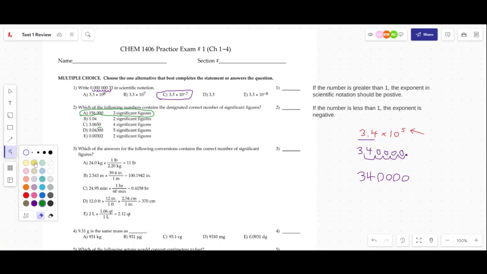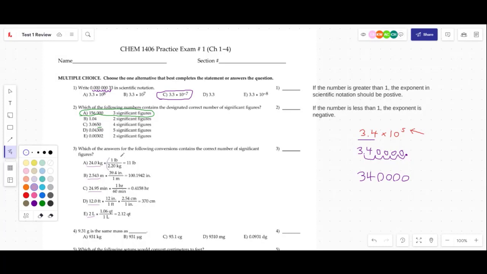What you've got to look at here is, first of all, the original number, how many sig figs is that? And you also have to look for whether the conversion factors are exact or whether these are estimated conversions. So 1 pound is equal to 2.20 kilograms.